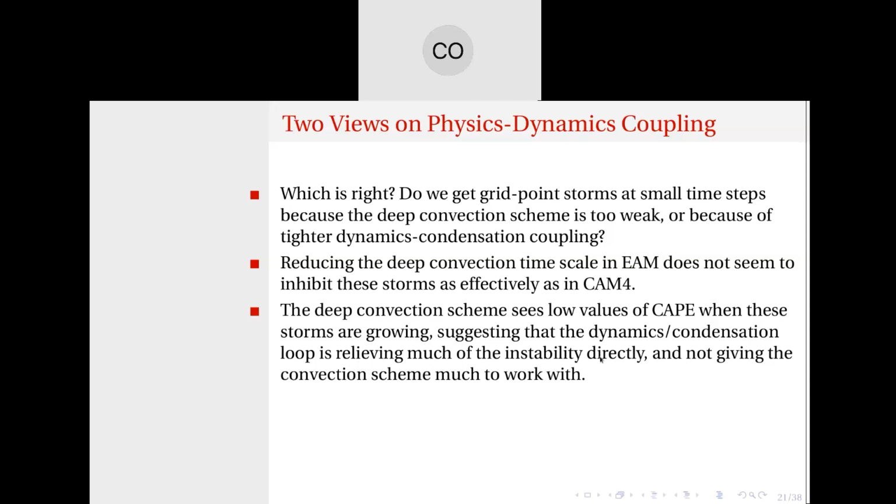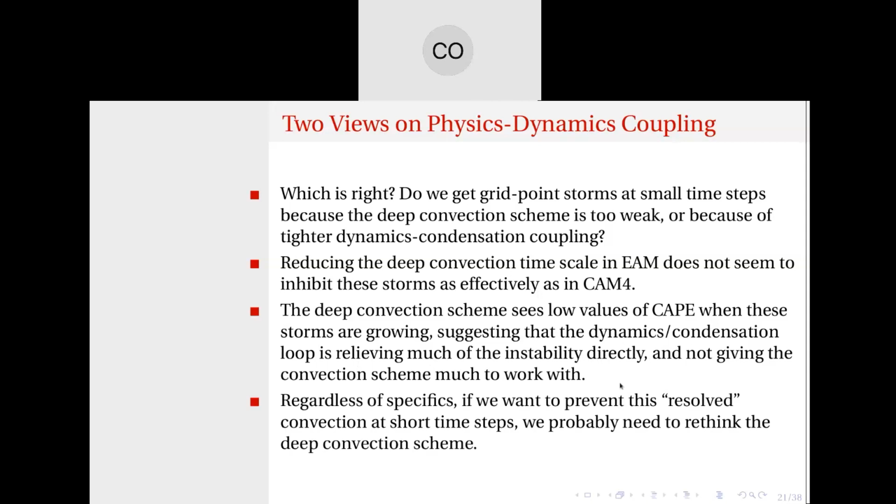So it's not being given much instability to work with. That suggests that even if you boost this scheme, it's not really going to help, because the way these are coupled is relieving the instability too readily by lifting the entire column. So this needs to be looked into further.